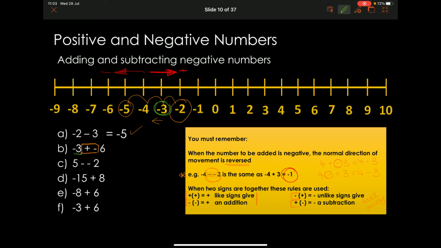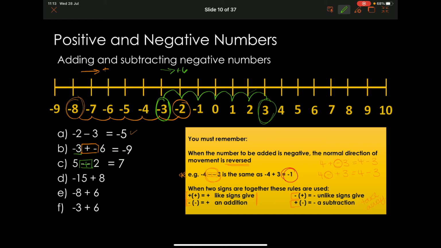Again, take away is that way. So 1, 2, 3, 4, 5, 6. So that would be minus 9. Question C. The signs in the middle are the same, so that becomes an add. 5 add 2. That's a nice easy one. 5 add 2 is 7.